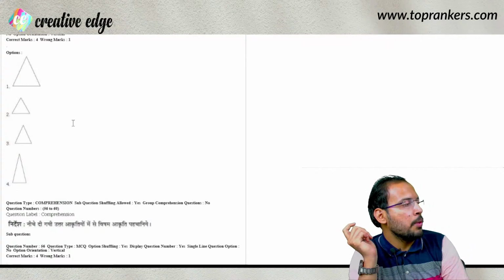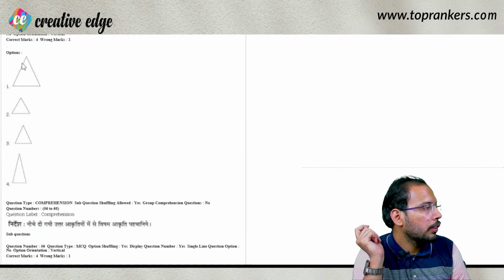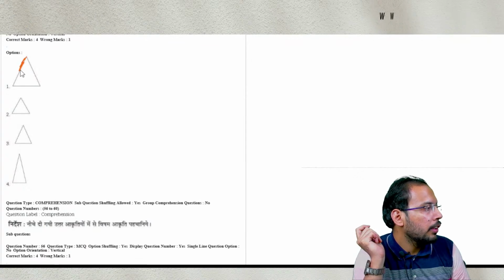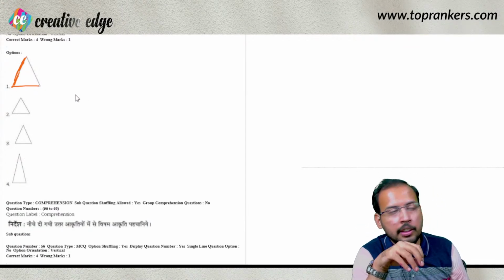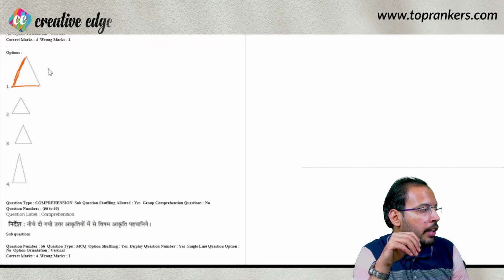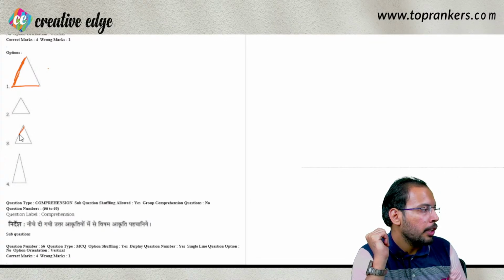You will observe that this is not an equilateral triangle. I can see that this length and this length are not the same. This is not an equilateral triangle. So is this one. Again, this is not an equilateral triangle.